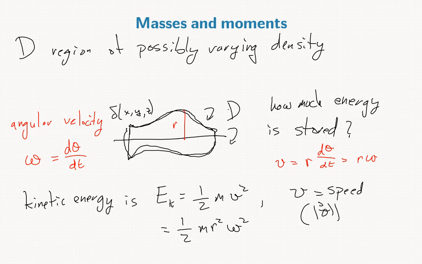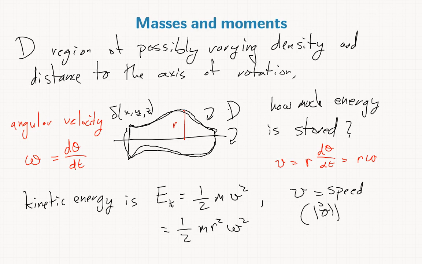If this was a vase, you can imagine it made of differing thickness of clay and varying distance to the axis of rotation.